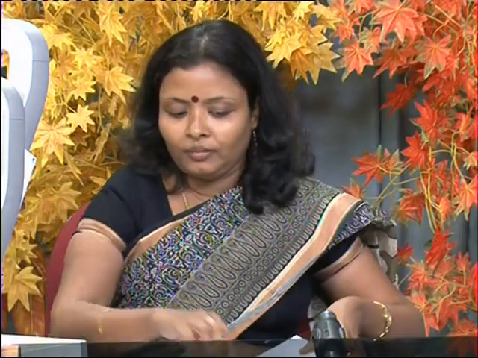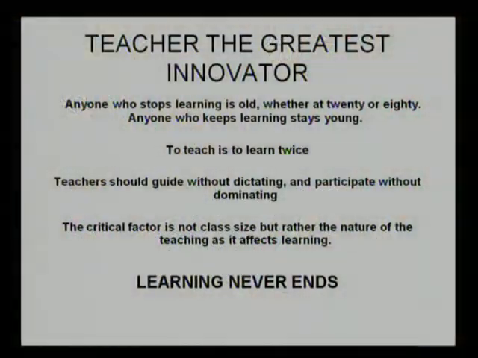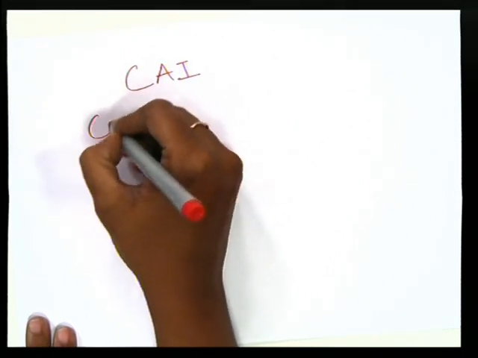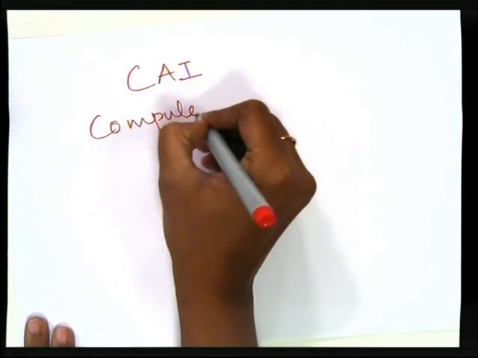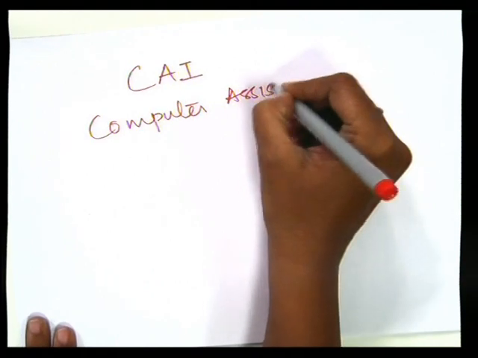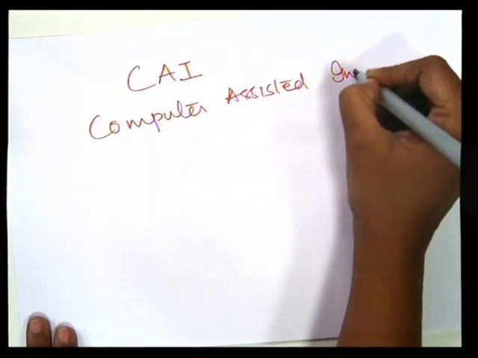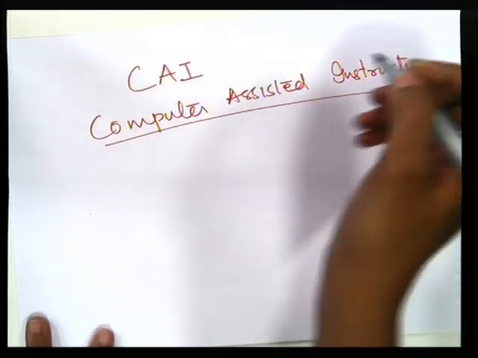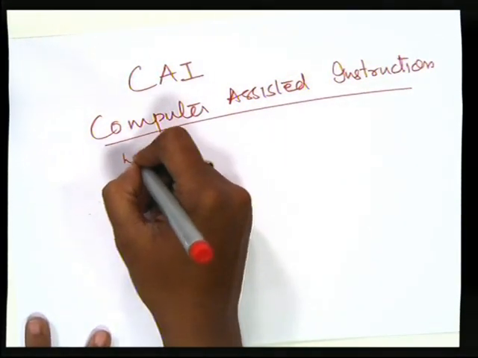Fine. When we talk about the innovative methods and use of technology, CALL is just a one-way method, one multimedia method. Other methods are like, if you see in the slide, you will find that there is CAI, that is computer assisted instruction, where you can take the help of computer for your instruction process or the learning processes.